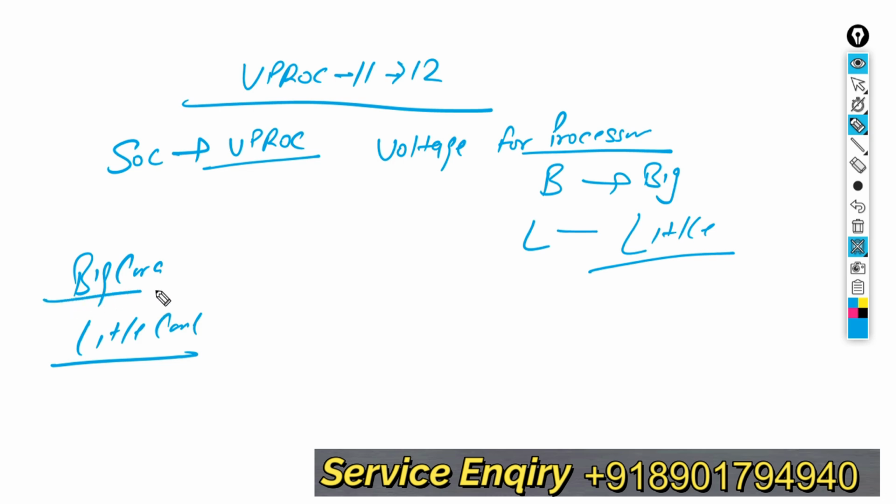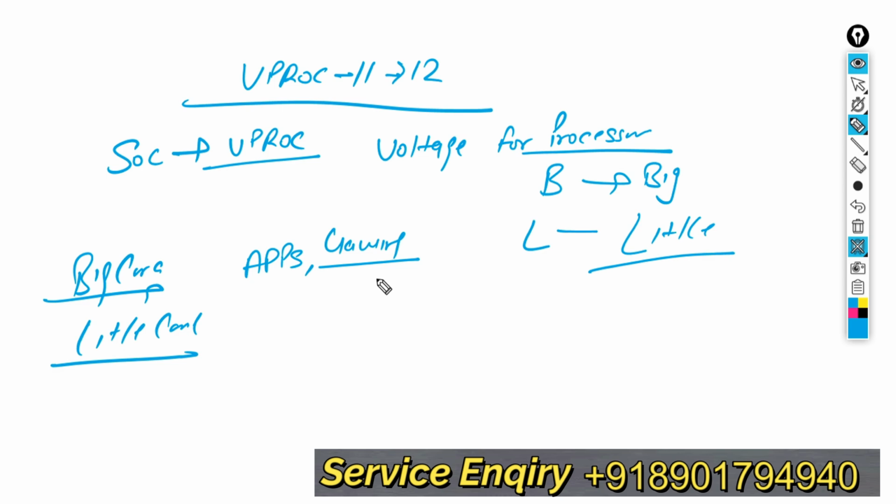There are two blocks, a big core and a little core. Both cores have different power input, and both also have different output. I mean to say different working. Like the big core is responsible for your apps, like gaming, big tasks.